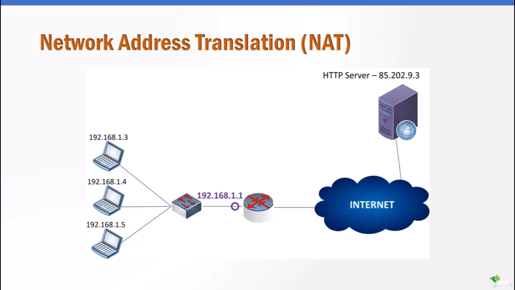This is the LAN interface, and its IP address is 192.168.1.1. And we've talked about this in the previous slides. The network portion of the IP address has to be the same in the entire network. So this is our private network facing interface on our router.